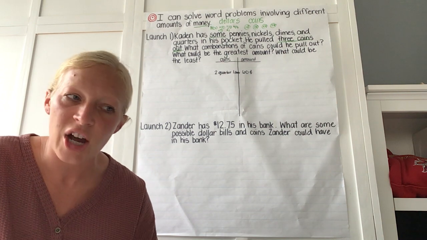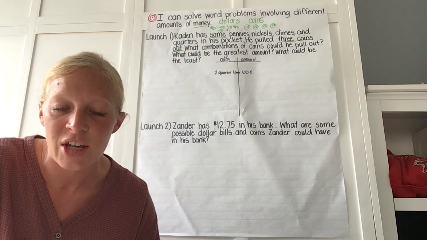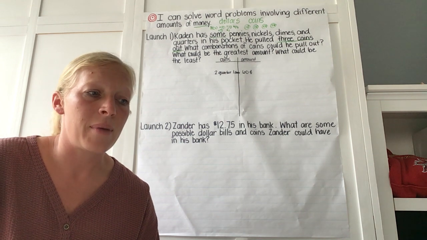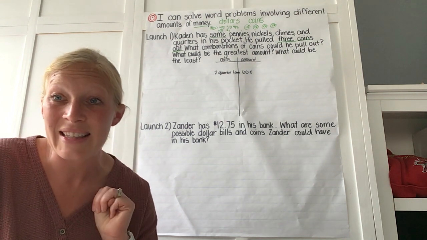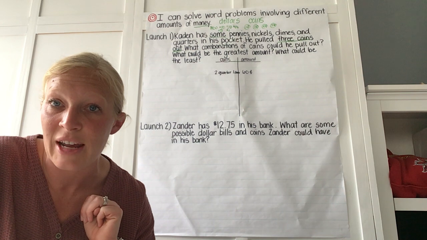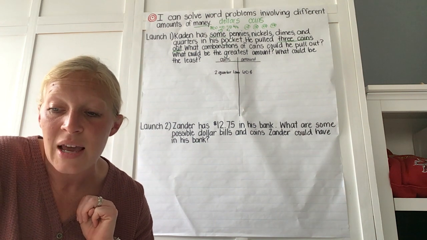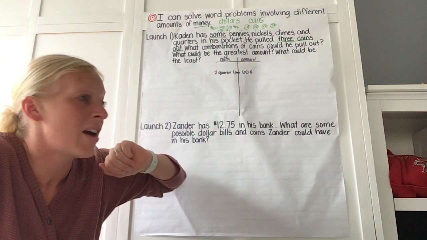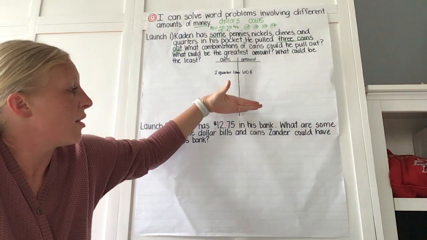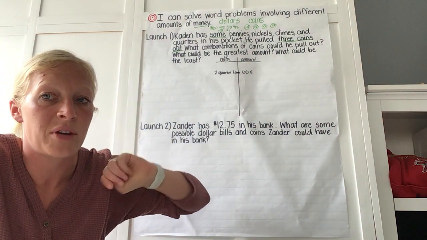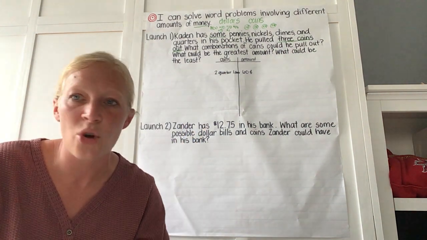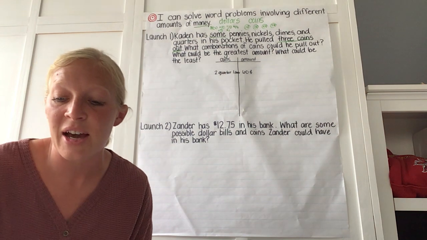So your job while I'm coming around and listening to you is that you are going to put 3 coins together and figure out what that combination can be, what the amount is. And then we're going to see if we can find the largest amount that we can possibly find with just 3 coins and the least amount that we can find with just 3 coins and a bunch of other combinations in the middle. What kinds of coin combinations could he come up with?